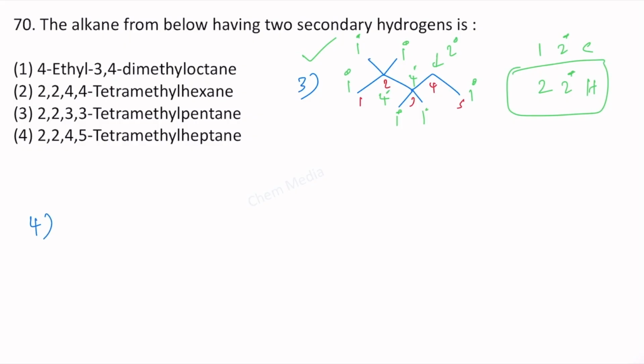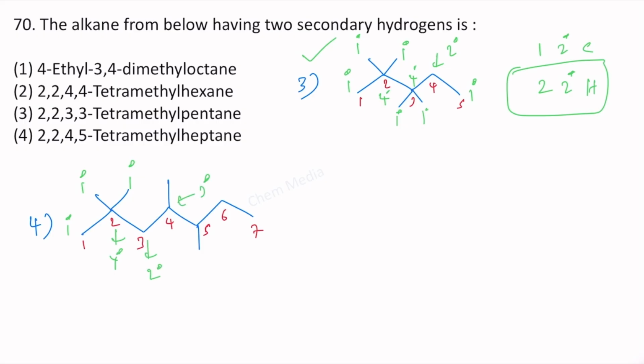Let us work it out for number 4 also. We have heptane, tetramethylheptane, 1, 2, 3, 4, 5, 6, 7, and 2 position, 2 methyl groups, 4 position, another methyl group, 5 position, another methyl group. Let's number it. Primary, primary, primary. This is quaternary carbon. This is secondary.